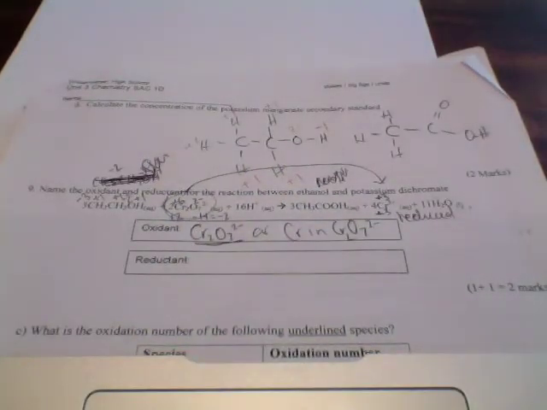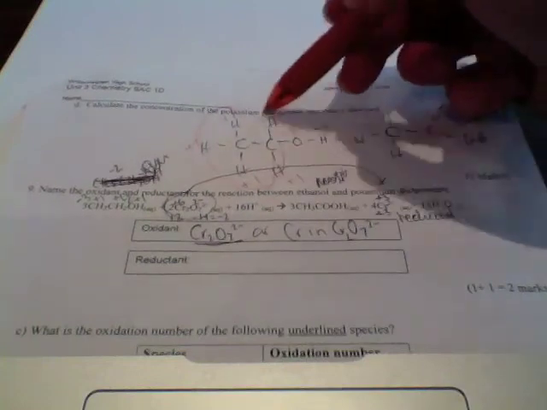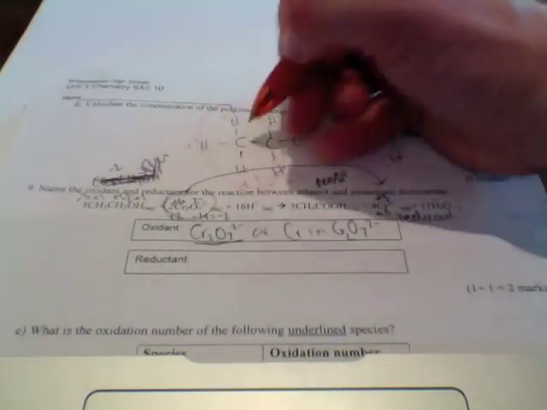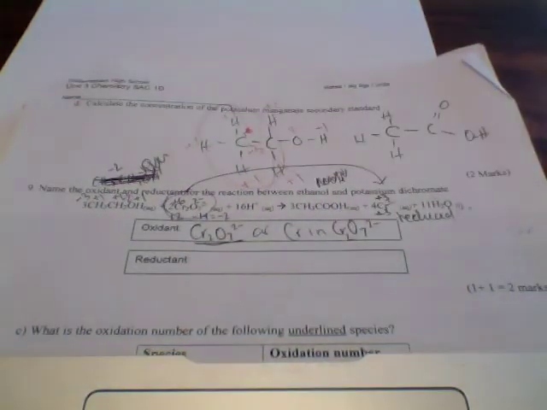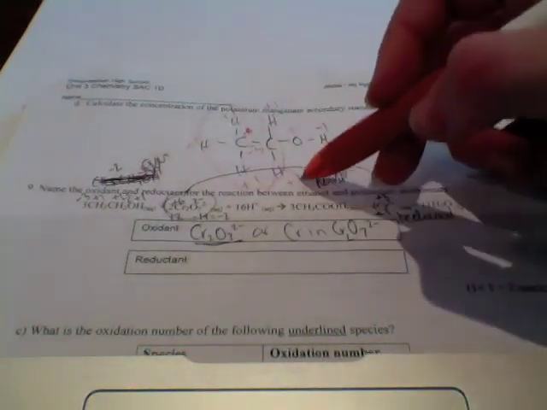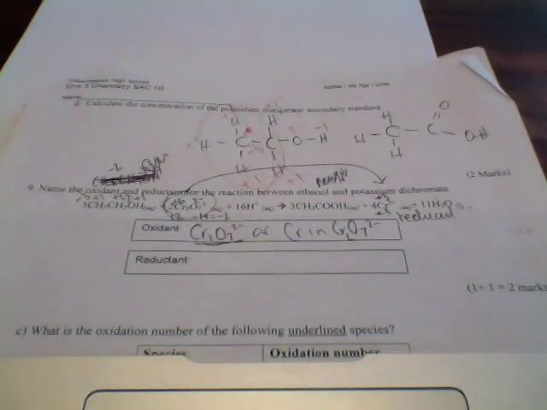Okay, so in order for these to balance, we have to take this part separately to this part. In order for these to balance, we have a 3 plus charge, and so we will have a negative 3 charge here. In order for these to balance, we have a plus 1, plus 1, plus 1, minus 2. Okay, so 3 minus 2 is 1, so we have a negative 1 here.